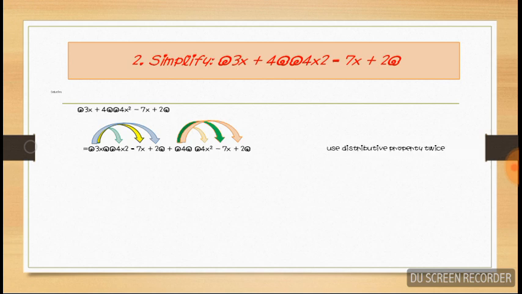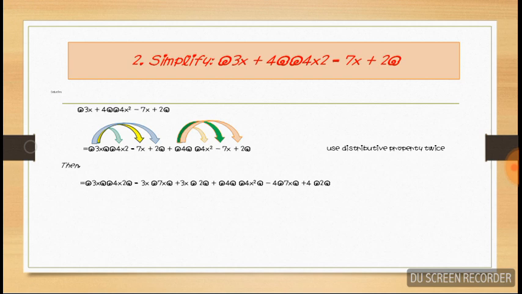In this case, we use the distributive property twice. Now let's simplify. This will become 3x times 4x squared minus, since our second term is negative, that would be negative 3x times 7x, and 3x times 2, 4 times 4x squared, and negative 4 times 7x plus 4 times 2.